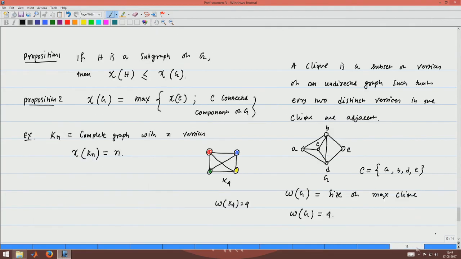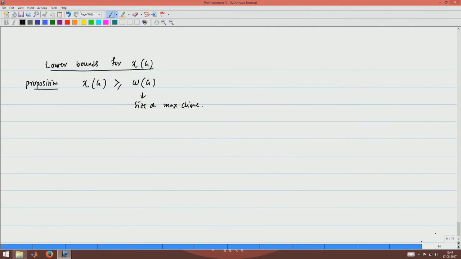Now, sometimes this bound is good, but it could be very loose in some cases also. There are examples. Now, we talk about another bound.